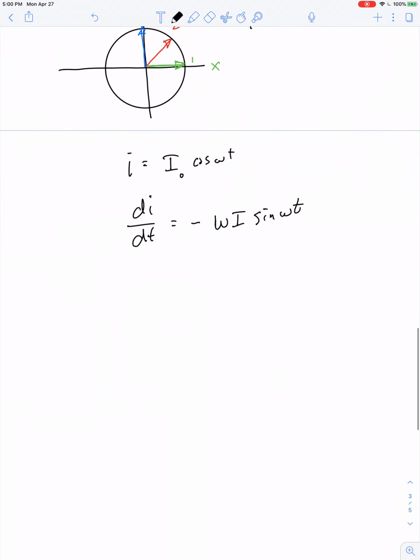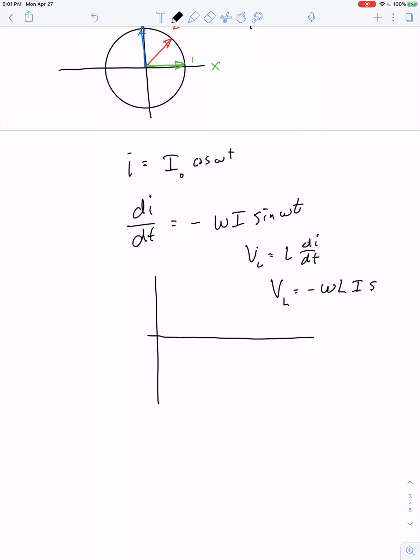So if we were to graph that, the voltage across the inductor is equal to L di/dt. So the voltage across the inductor is equal to negative omega L I sine omega t.